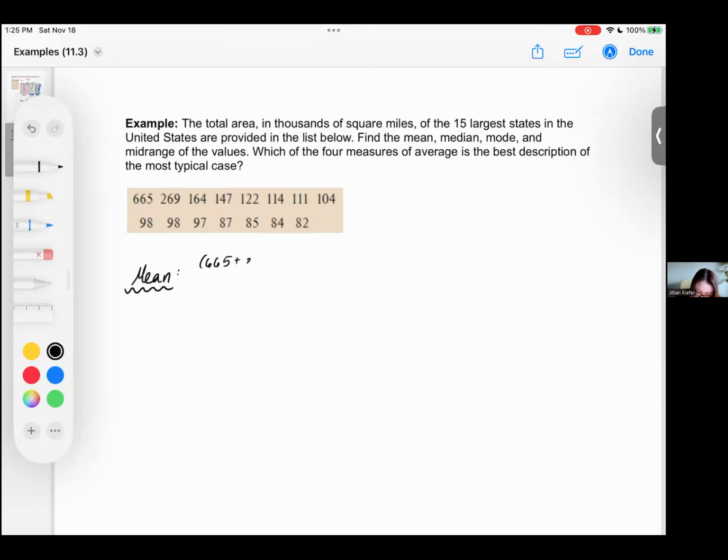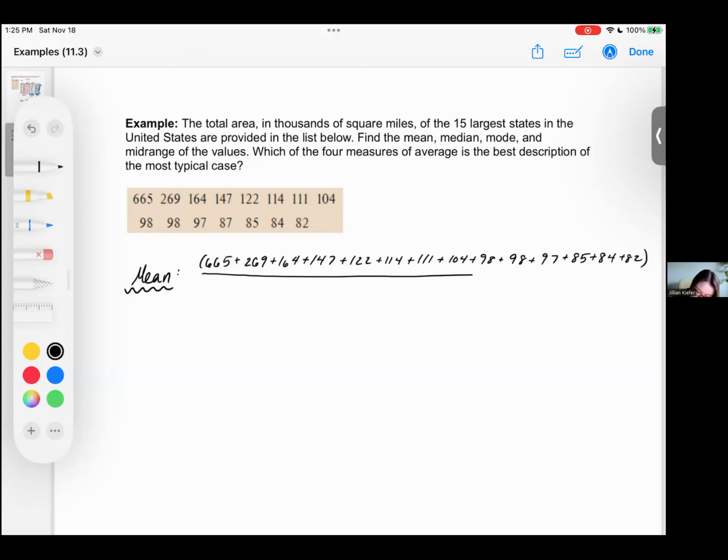665 plus 269 plus 164 plus 147 plus 122 plus 114 plus 111 plus 104 plus 98 plus 98 plus 97 plus 85 plus 84 plus 82. There we go, all of our numbers all added together. So we can go ahead and then we divide by the number of numbers.